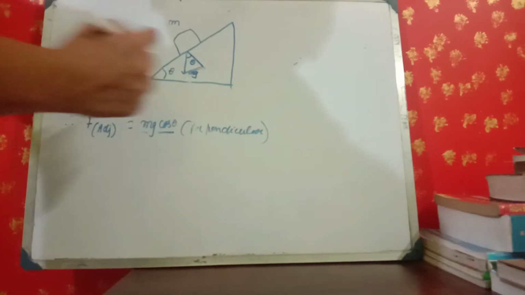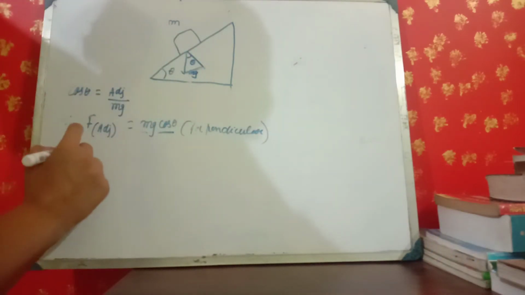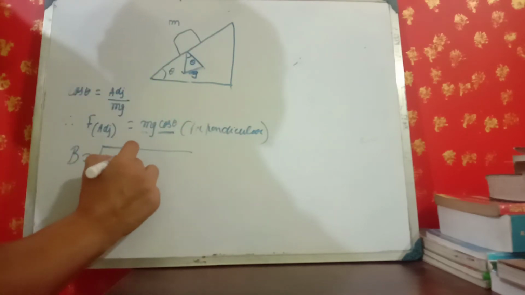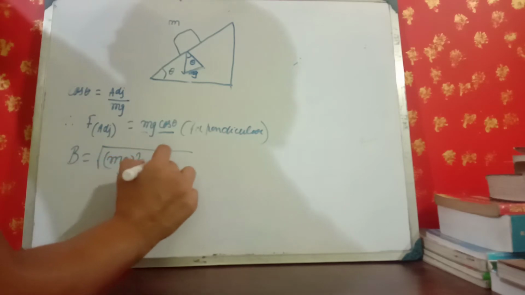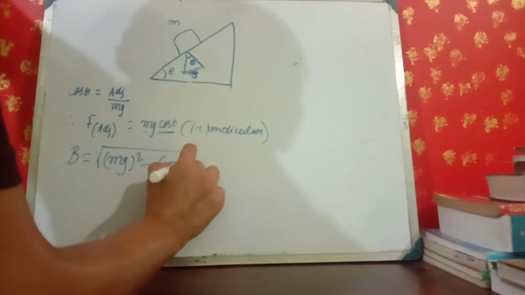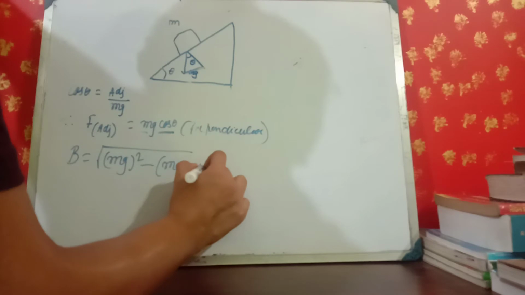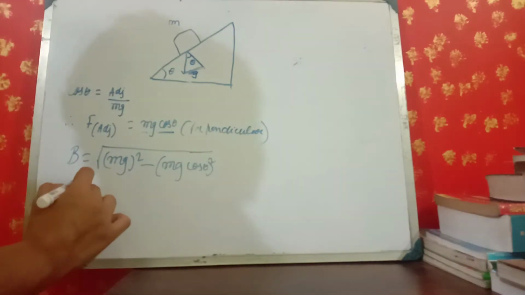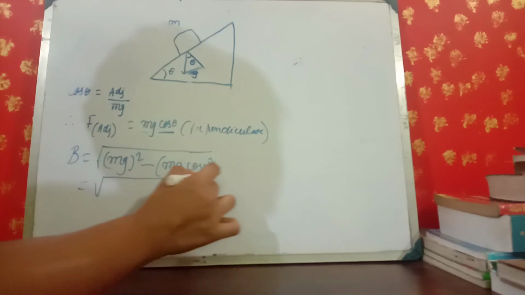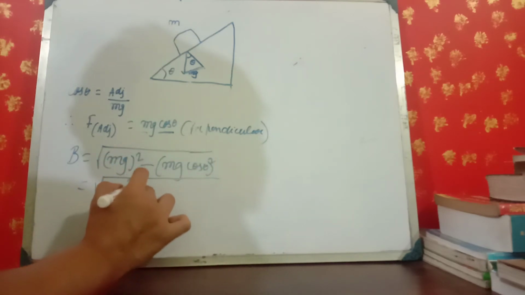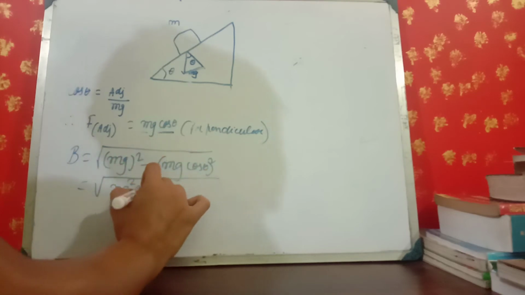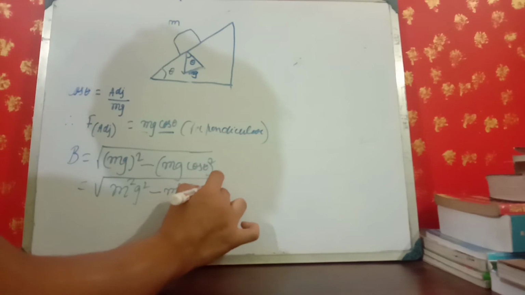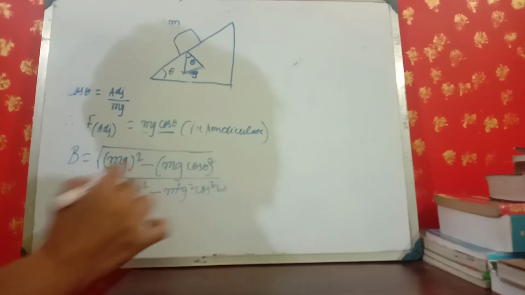So this one, let's name it as b, will be the square root of hypotenuse square minus perpendicular square. So now if I do this, this will come up as m square g square minus m square g square cos square theta.